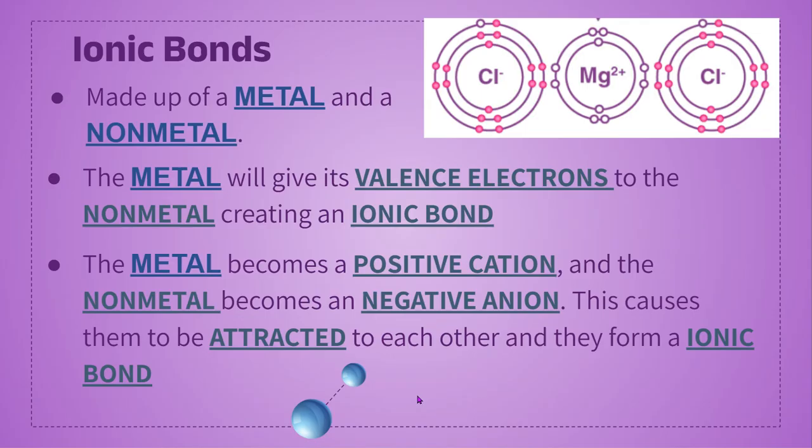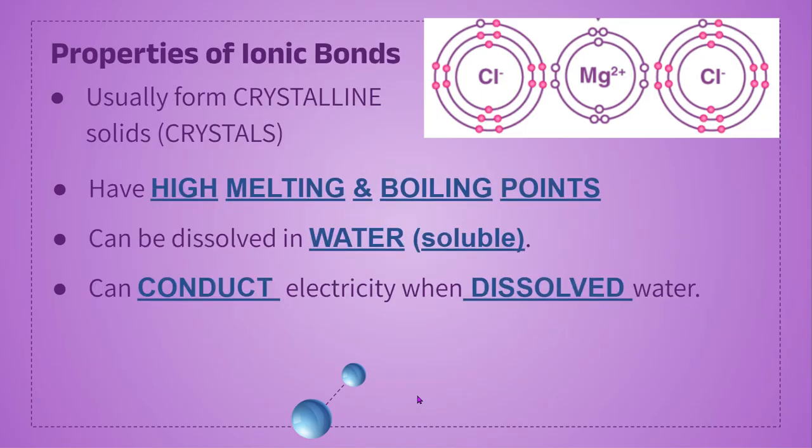Remember, cations are positive because cats have paws. That's the way to remember that. So metals form cations, nonmetals form anions. Those charges, the positive and negative, are attracted to each other. That's what causes this to have an ionic bond.